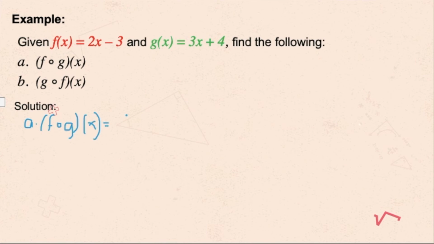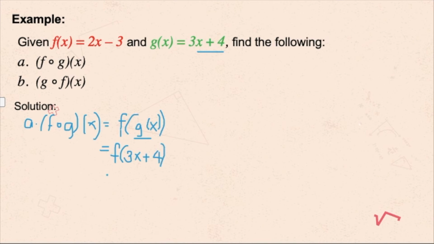So this will be f of g of x. The first thing you have to do is change the inner function with its given. Since the inner function here is g of x, we replace this with the given 3x plus 4. So this will be f of 3x plus 4.